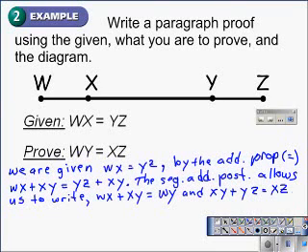From here we have everything to make our final statement. We established here that WX plus XY is equal to WY. We established here that WX plus XY is equal to YZ plus XY.